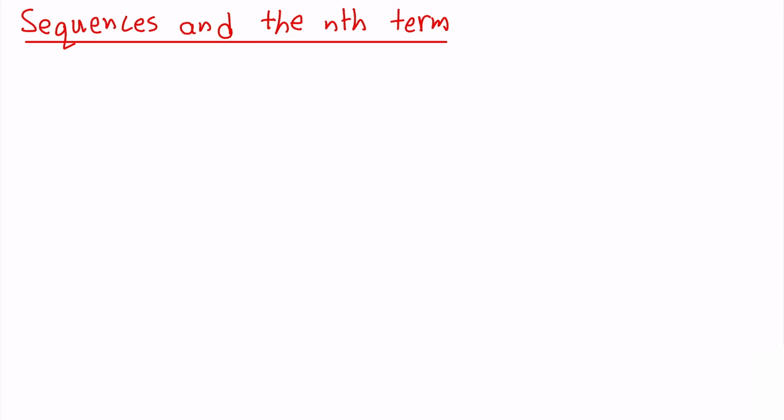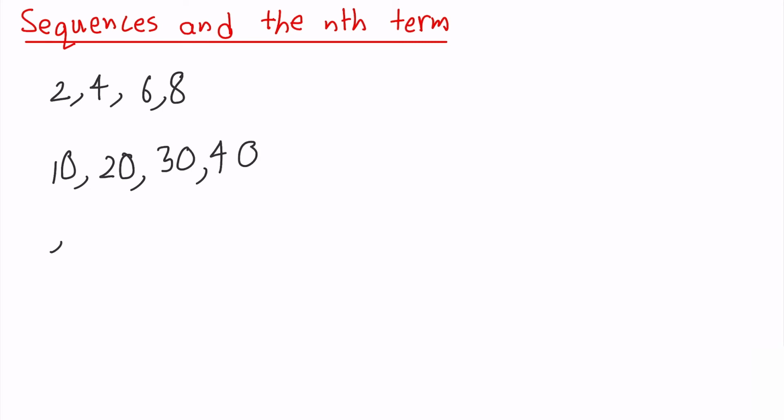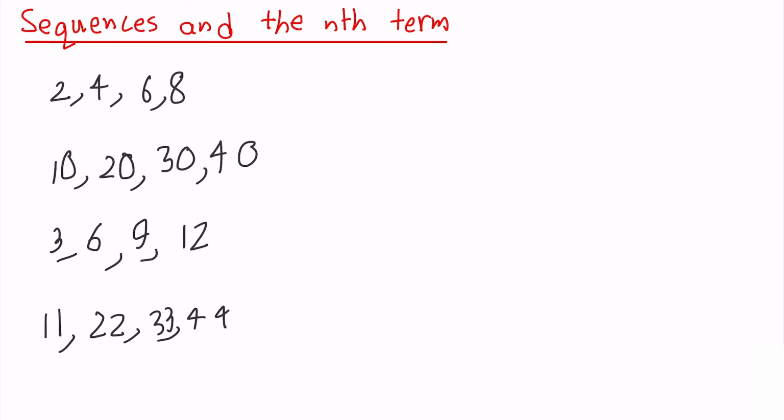Find the nth term for these 4 examples: 2, 4, 6, 8; 10, 20, 30, 40; 3, 6, 9, 12; and lastly 11, 22, 33, 44.